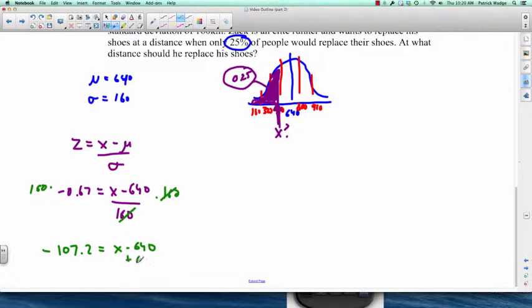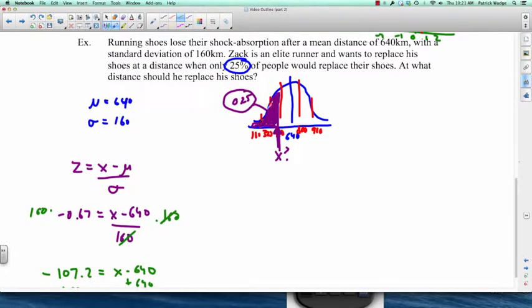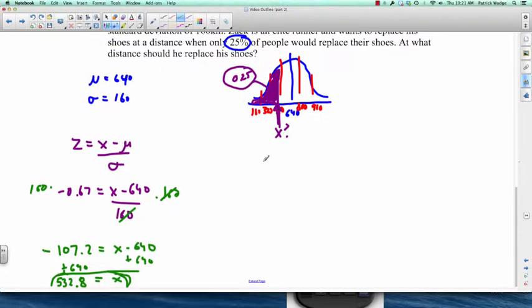Then we add 640 to both sides, and you end up with 532.8. So in other words, if he changes his shoes after 532.8 kilometers, only 25% of people would be replacing their shoes at that point.